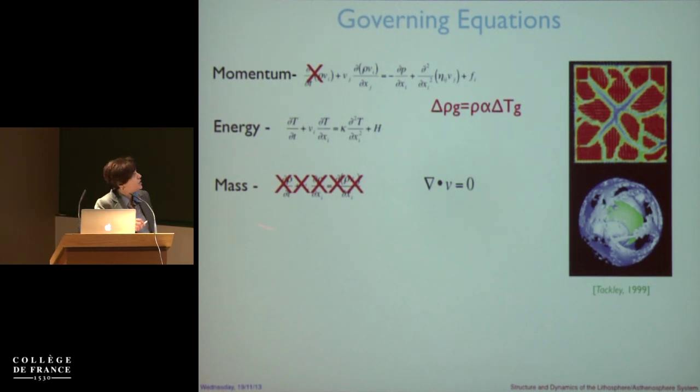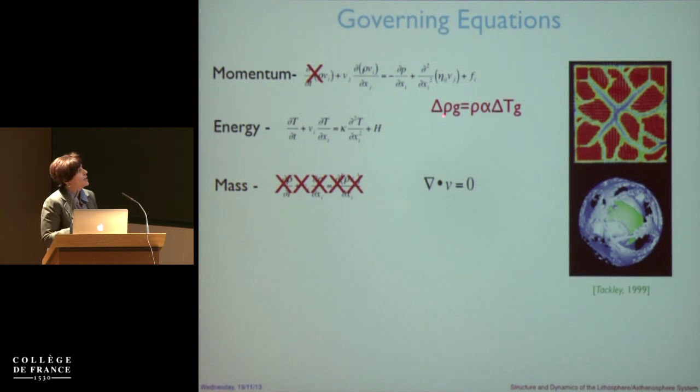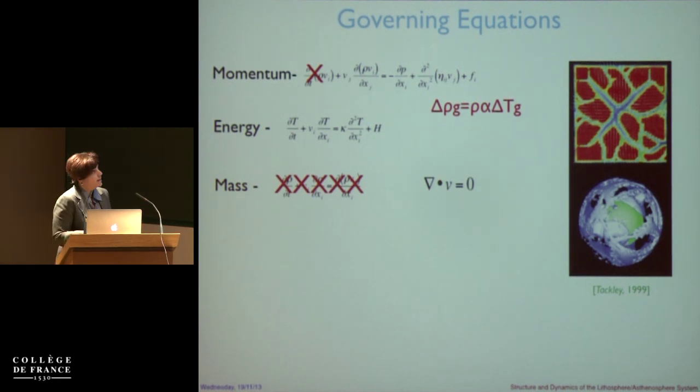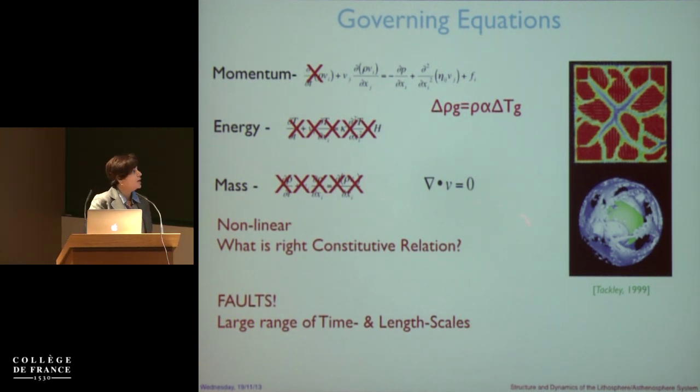If we assume further that it's incompressible, possibly not, of course, because of phase transitions, we can have a very simple expression for the body forces that drive the system, related to the thermal expansion and the delta T. The difficulty still remains that to make plates, we need to know this incredibly hard constitutive relationship between stress and strain.